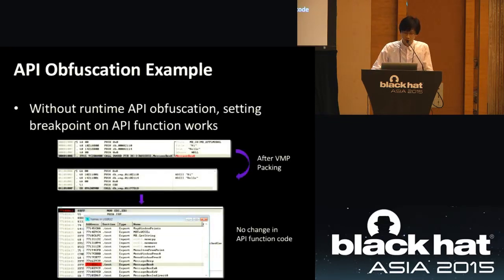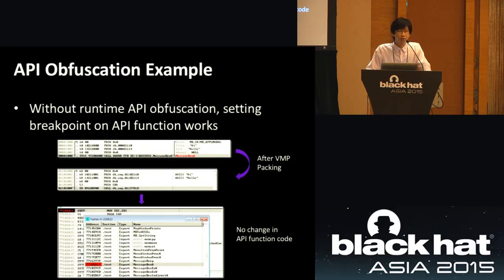For example, when we obfuscate our example program and dump it out, this example is about VMProtect. VMProtect does not use a runtime obfuscation technique, so we can analyze it more easily than Themida, although it is using code virtualization to protect API calls.